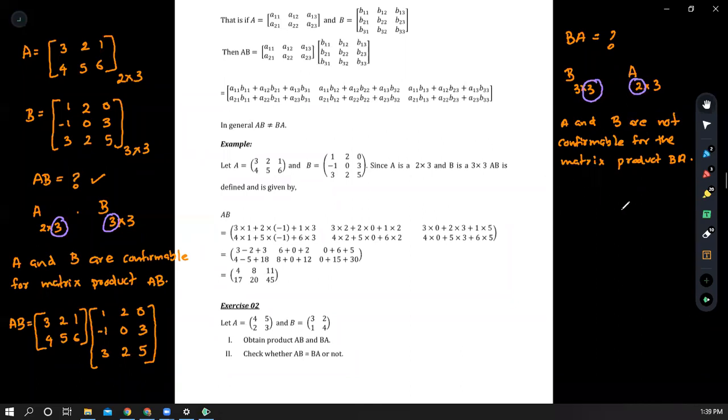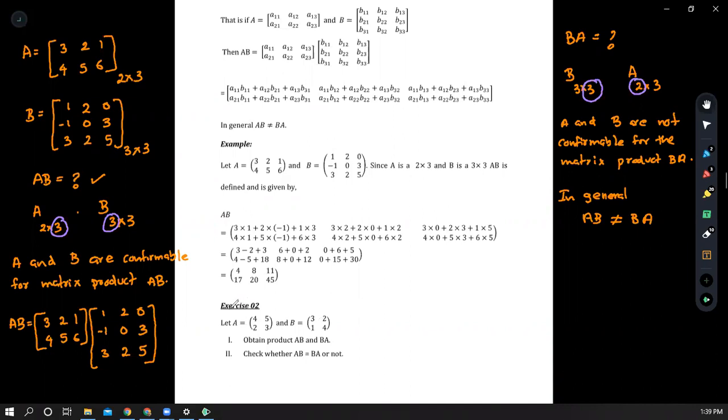That is why, at the beginning, I also said that in general AB does not equal BA. In general we will have this inequality, but in algebra we can have AB multiplication equal to BA multiplication as well. But for matrices, this is the concept we are following.